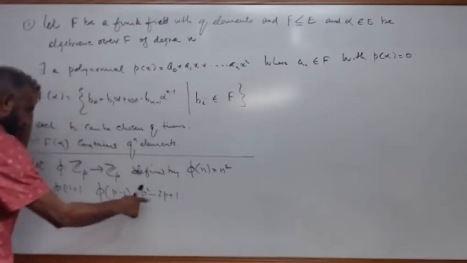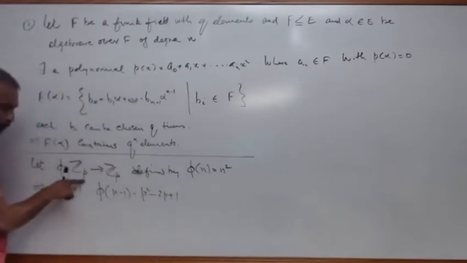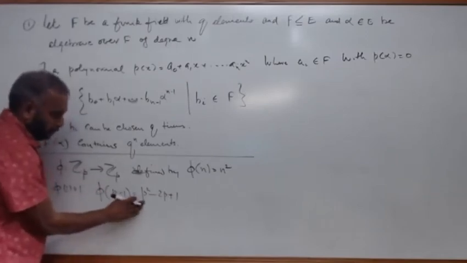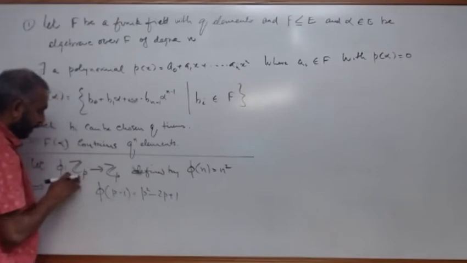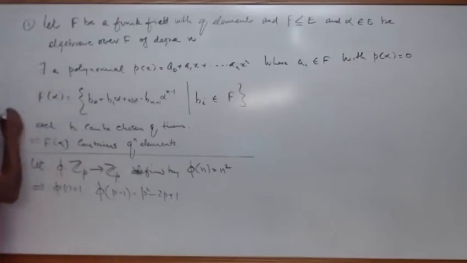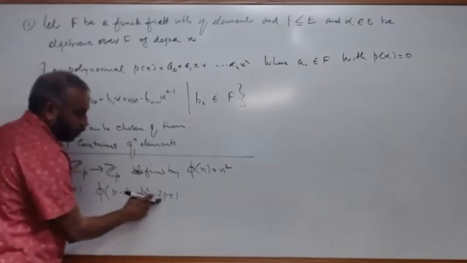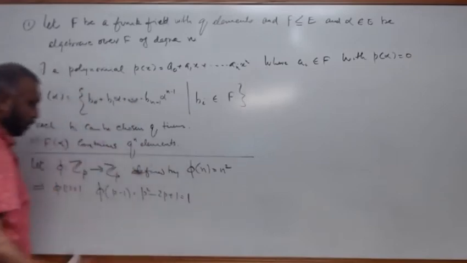You can expand like this because this is a field. p square is always 0, because the values of the elements are 0 to p minus 1. Once you reach p, it becomes 0. So there is no p square, and there is no 2p. So this is also equal to 1.